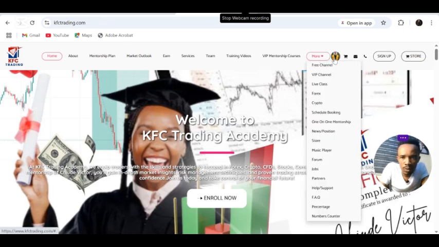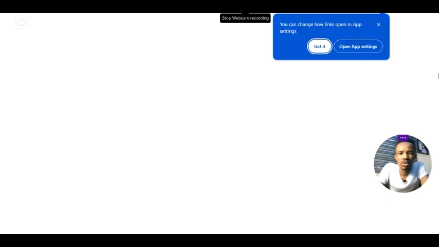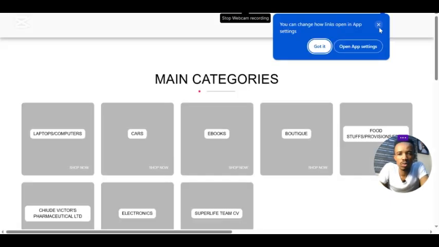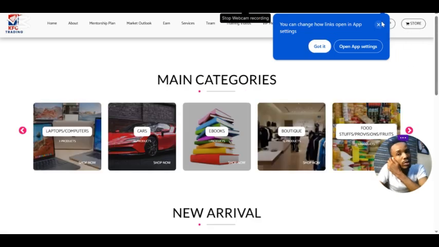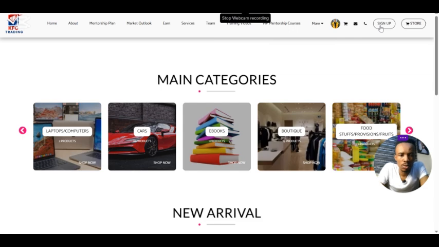It's simple. We have a store. This is the store. You just come to the right side of our website, you click on KFC Trading Store. Once you're on the store, there's a lot you can do. These are the categories, so you just choose what you're looking for. You want laptops, cars, clothes, or foodstuffs.